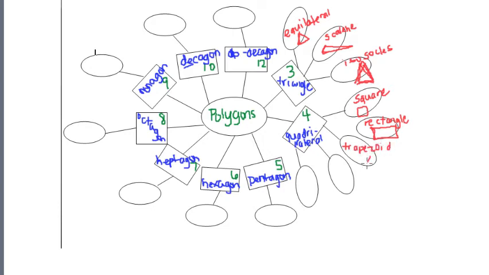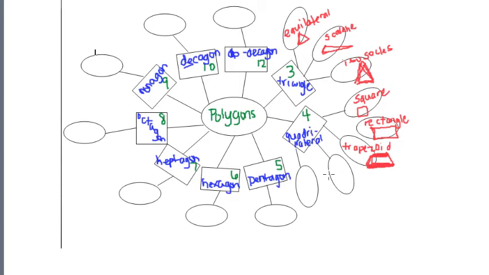You've seen these in kindergarten, the shapes. I think they were the red ones. They look like this. Okay? A trapezoid is one set of parallel lines. So this is parallel to this. So that is a trapezoid. Okay?